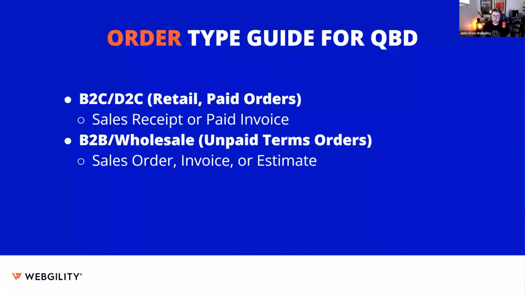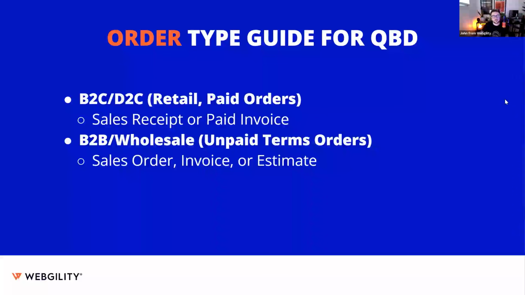And ultimately, the reason that you would use sales orders, invoices and estimates is to make sure that you're able to understand your cash flow, understand where your transactions are at with your customers, especially if you're working on a terms basis, as opposed to just getting paid up front from Shopify at checkout, right? Sales receipts are a lot more simple, a lot more straightforward. But the sales order, invoice, estimate workflow is super effective for people that use terms, right?